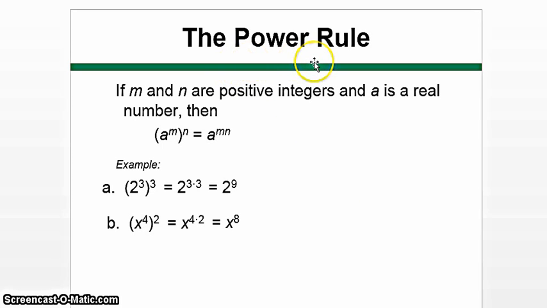The power rule: if m and n are positive integers and a is a real number, then a to the power m, whole to the power n, equals a to the power mn.